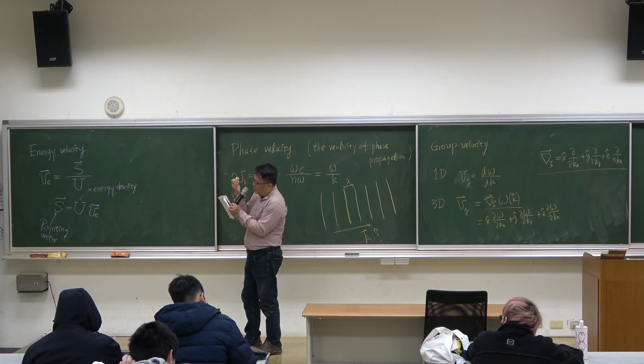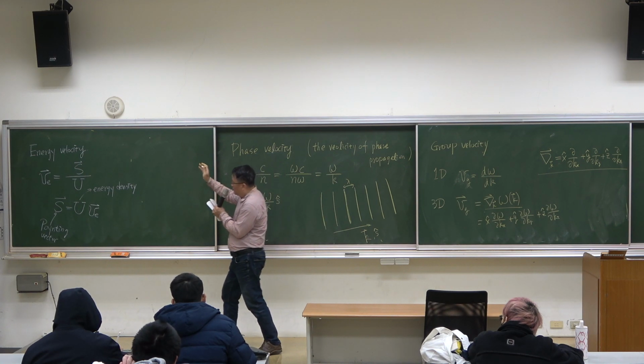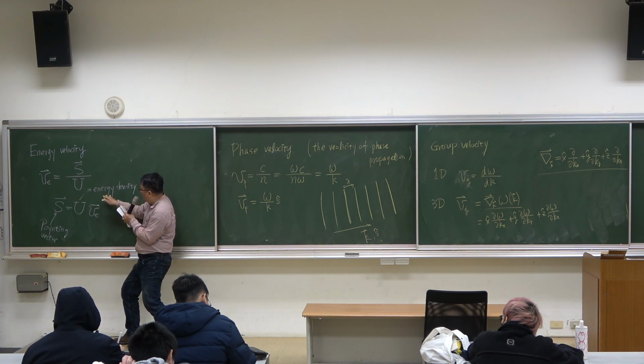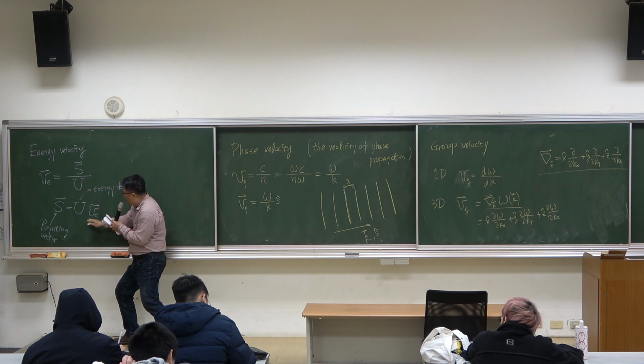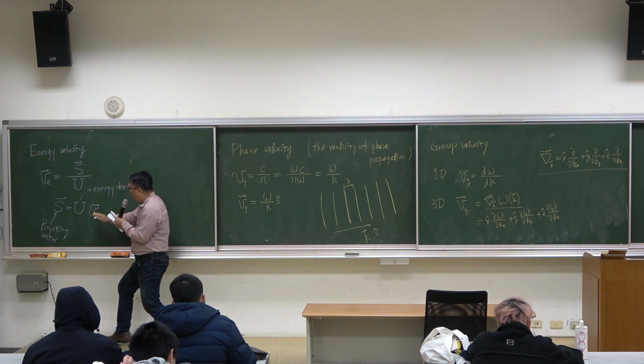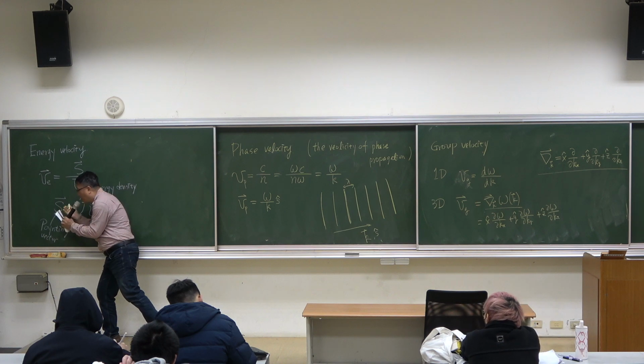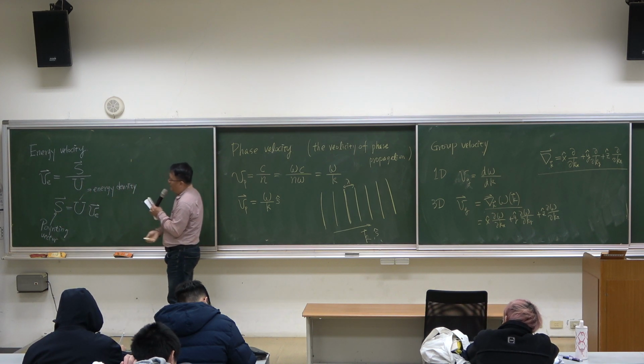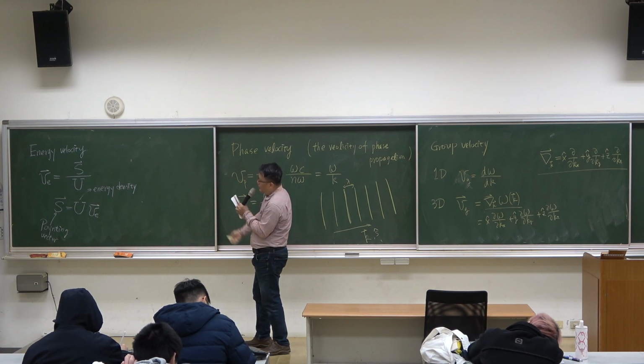So the energy density moves with some kind of velocity. So you multiply the energy density with the velocity to get the energy flow or energy current, Poynting vector.